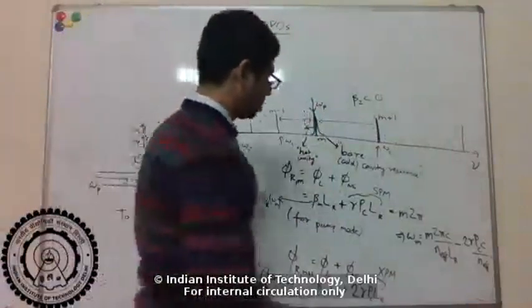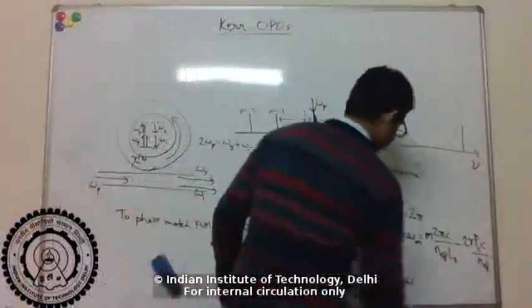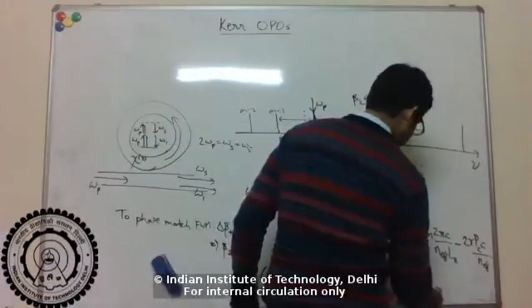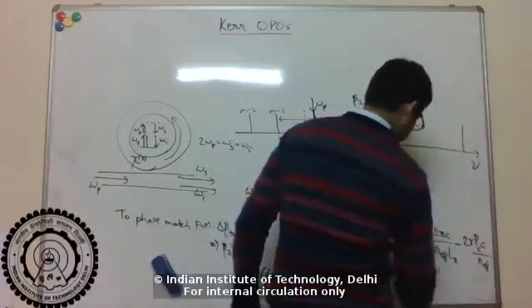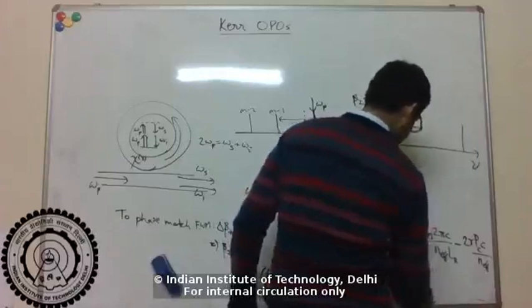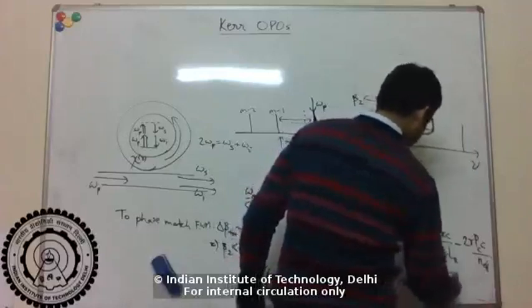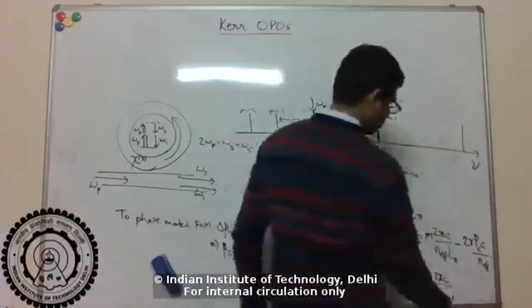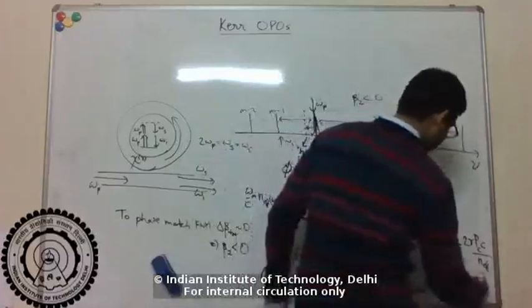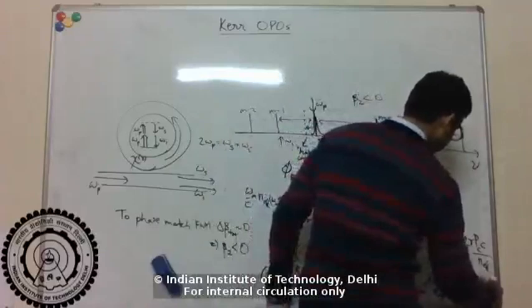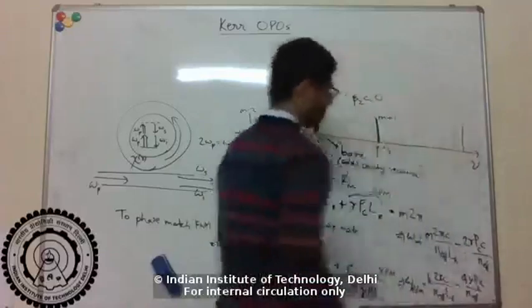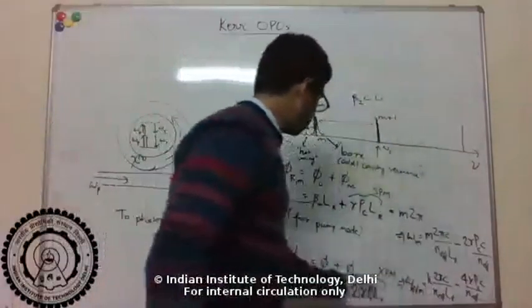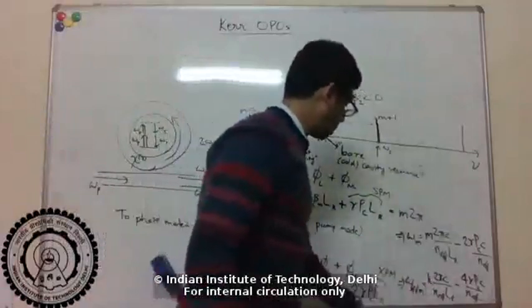And you can see the other resonances. So any other resonance, some omega k, not equal to the pump, will shift by twice this value, because the nonlinear phase shift is twice due to the cross phase modulation.